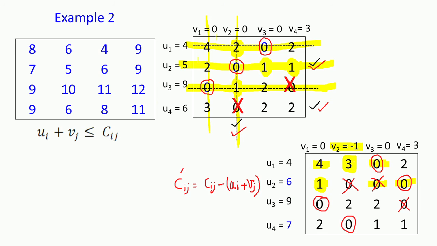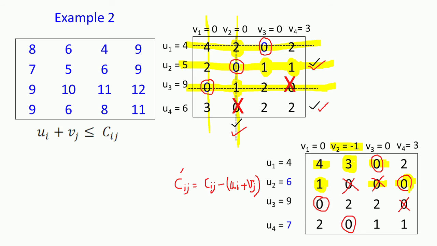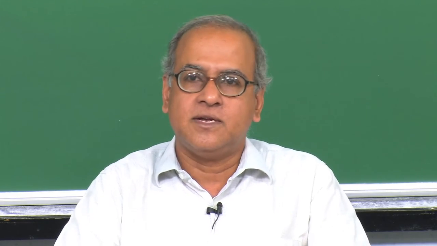Now, here by changing the dual from one set of dual variables to another and relating them through a parameter called theta and getting a new dual solution, and also making sure that the new dual solution gives us an opportunity to have a different allocation in the primal is what is called a primal dual algorithm, and this Hungarian algorithm that we have seen is an example of a primal dual algorithm.